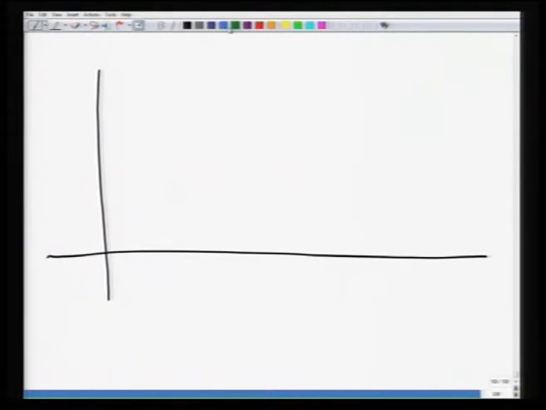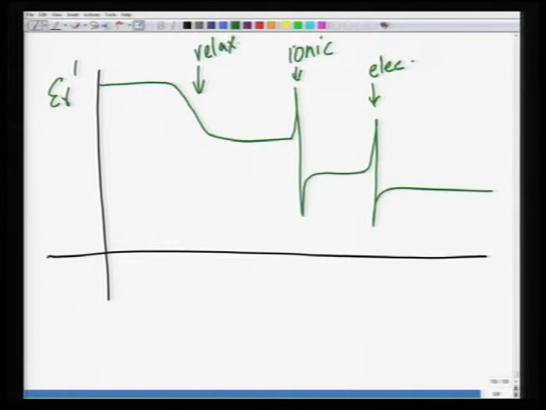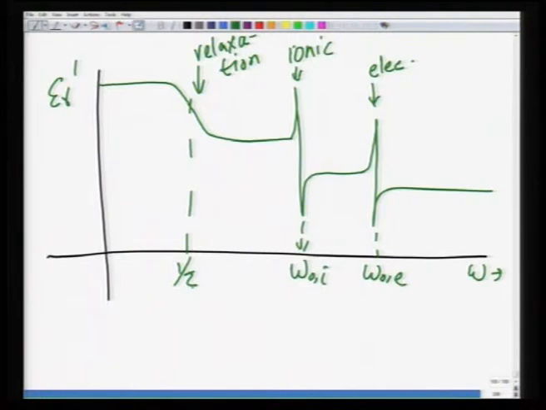So, if you plot epsilon r prime, it looks like this. This is pertaining to electronic, this is pertaining to ionic, and this is pertaining to relaxation. This is given as omega O I, this is given as omega O E or E L, and this is nothing but 1 over tau.